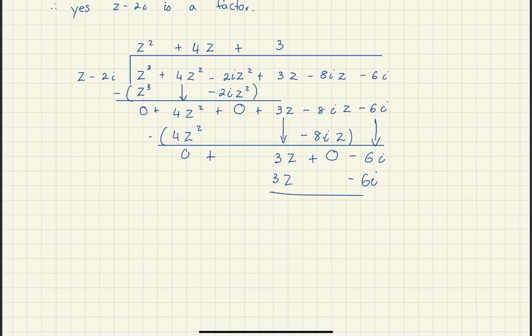Draw a line, subtract, and make sure that there are no remainders, and that's good.